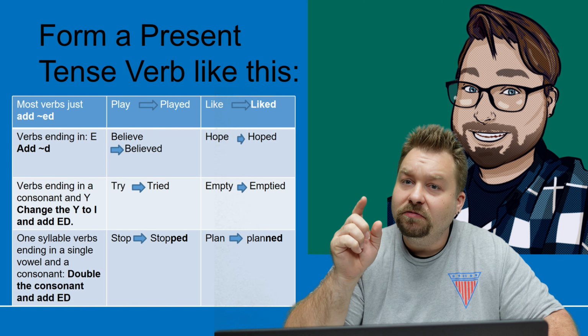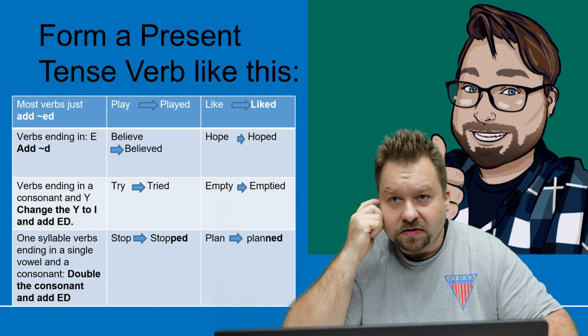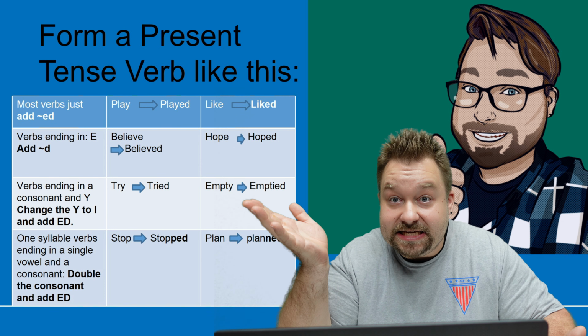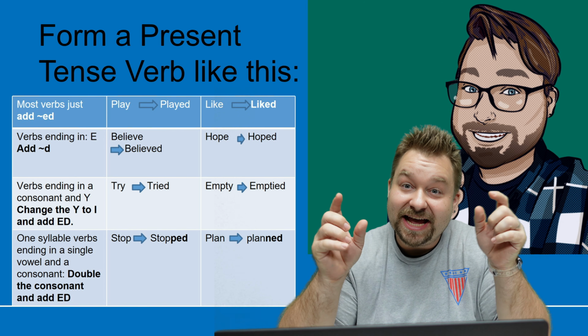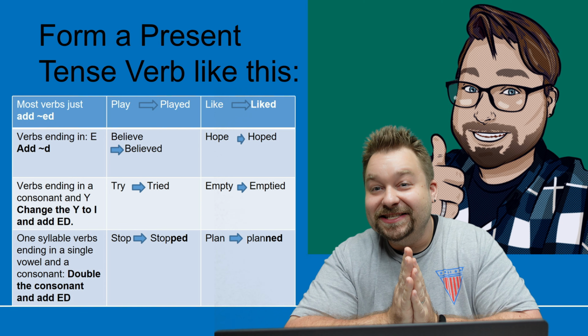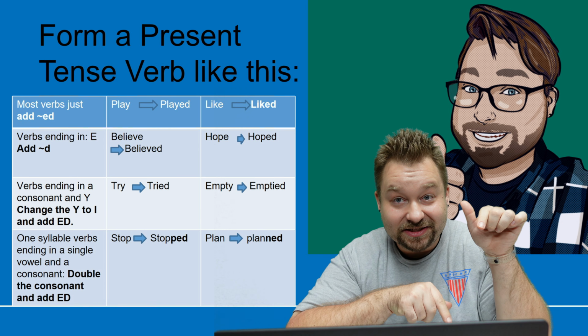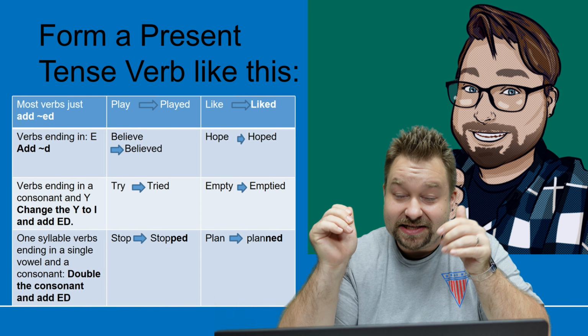Some verbs already end with an e, right? So what do we do then? We just add a d, right? The goal is for the past tense verb to have the ed at the end. So you're going to notice all of these past tense changes have ed. So we need to make it ed somehow.